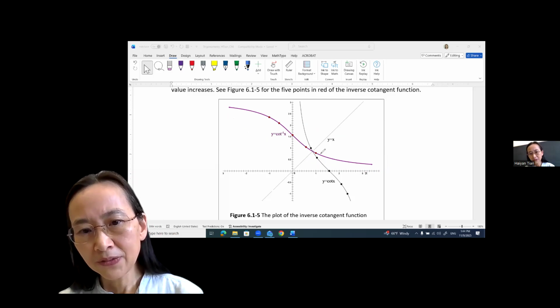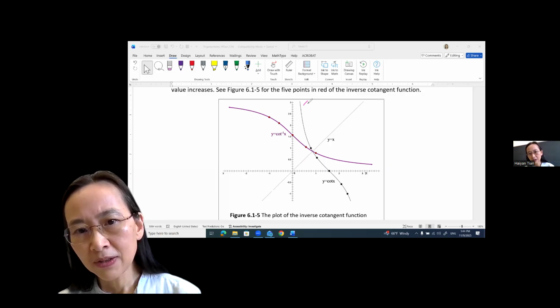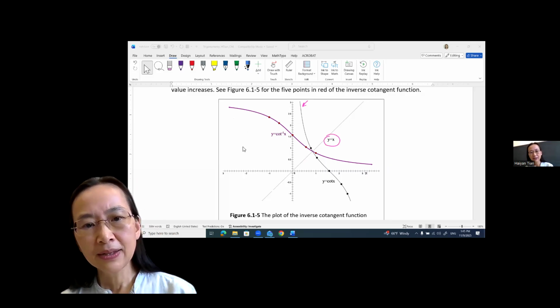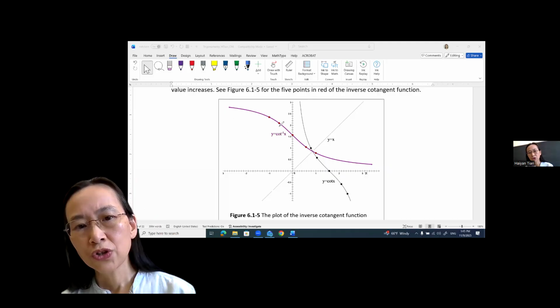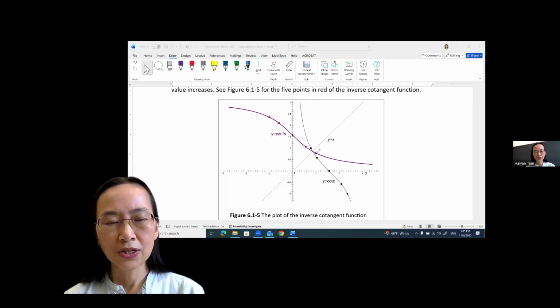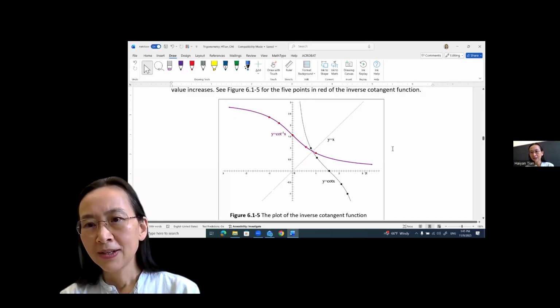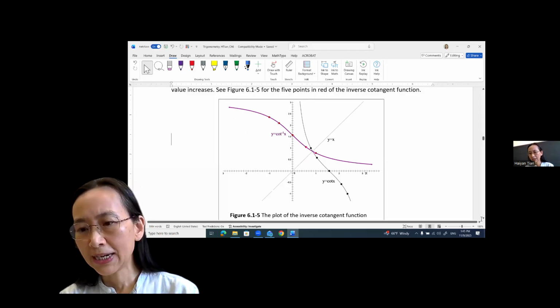And inverse and the original cotangent, they are symmetric about the line. And then the 5 points are showing here on the inverse. And then now let's do some evaluation of the inverse cotangent.